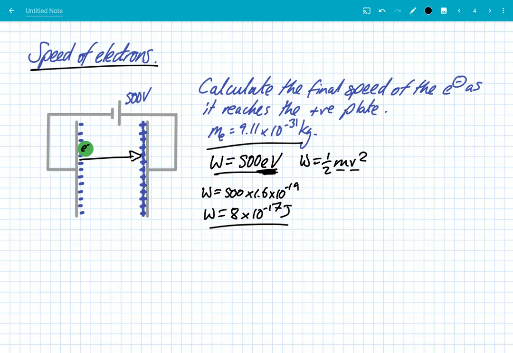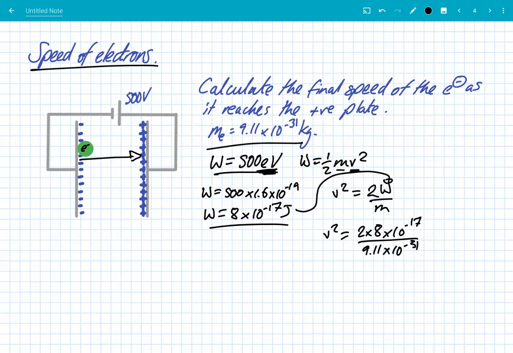If I want to now work out the speed, I need to rearrange this equation, and I get v squared is equal to 2 times the energy divided by the mass. And now I can substitute in my energy into here. So I get v squared is 2 times 8 times 10 to the minus 17 divided by the mass, which is 9.11 times 10 to the minus 31, which gives me v squared is equal to 1.76 times 10 to the minus 14.